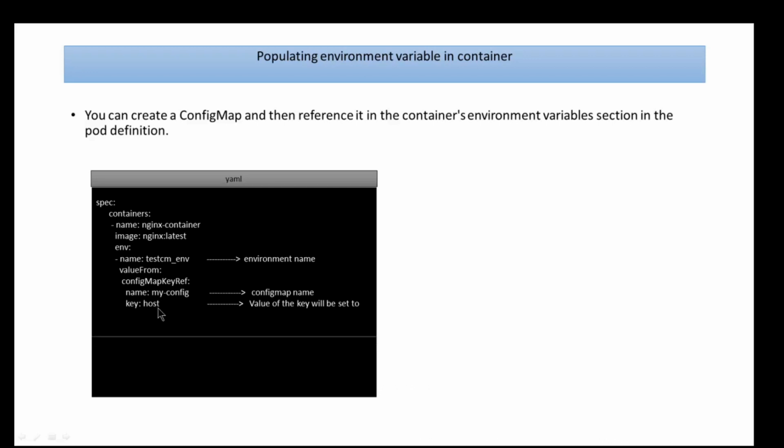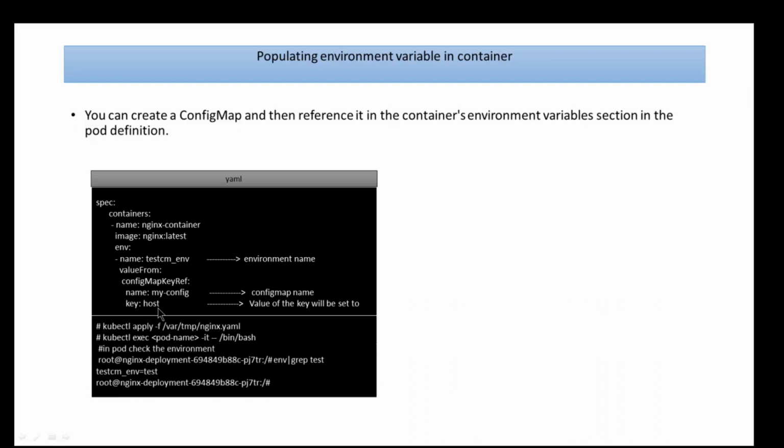Okay, let's see how it works. When I apply this change in the deployment and log into the pod, if I search for the environment in the running pod with the test keyword, I will have test as the value, right? Let's see an example.